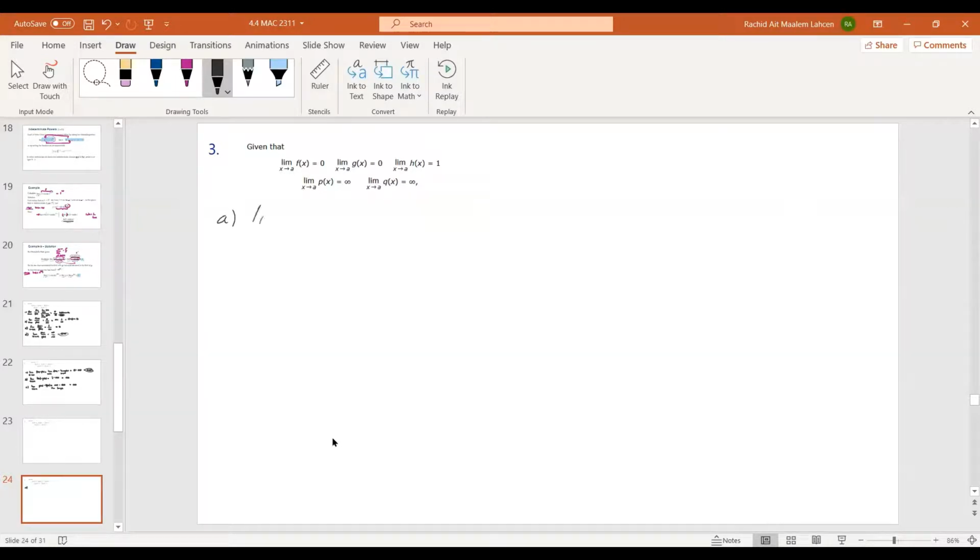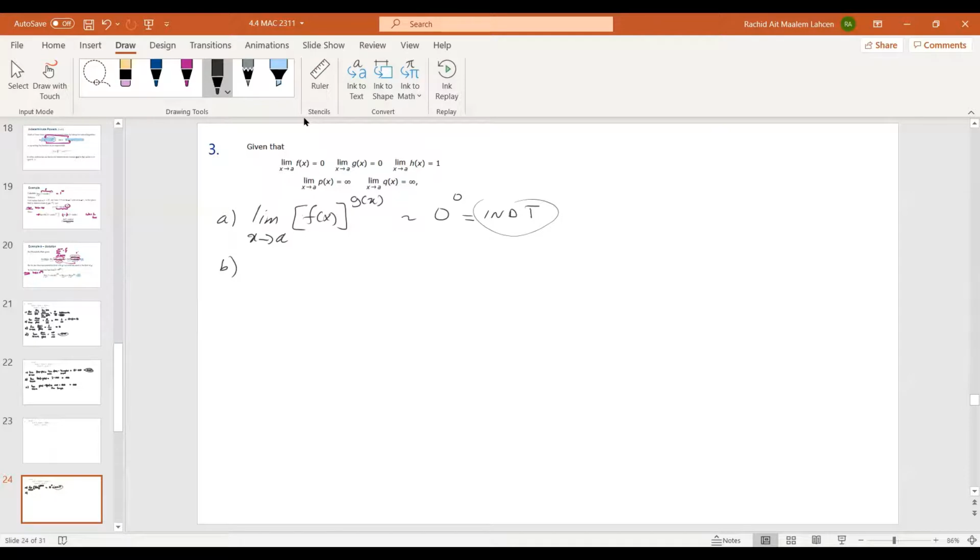If we want the limit as x approaches a for f of x to the g of x, and you're running into f of x is 0 and g of x is 0, that's an indeterminate form, right?